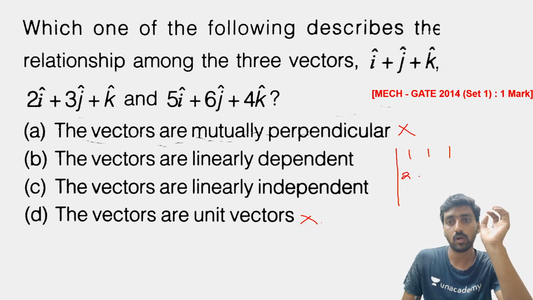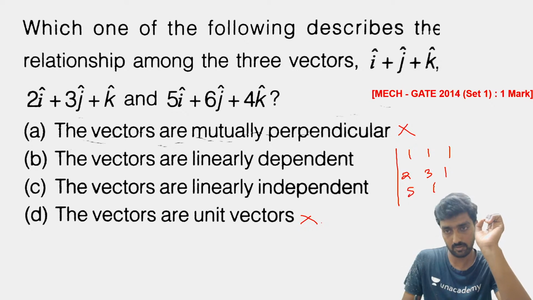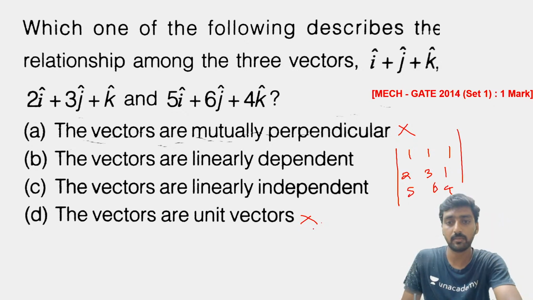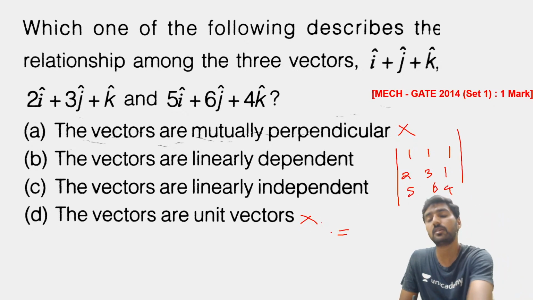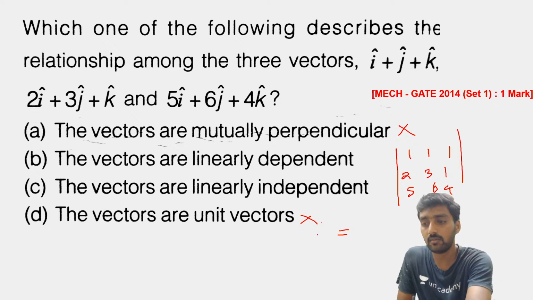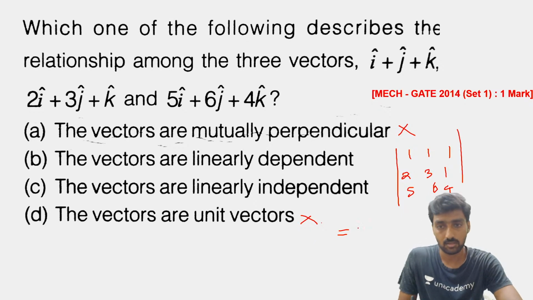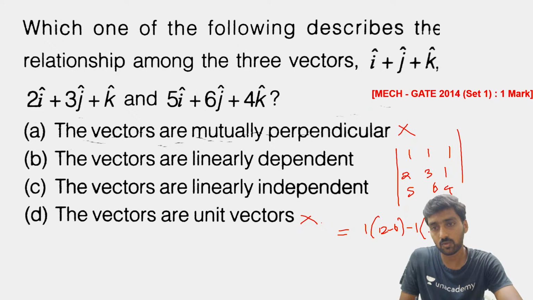Now, the rows 1 1 1, 2 3 1, 5 6 4. What will be the determinant? We will consider the terms one by one. 1 into (12 minus 6), minus 1 into (8 minus 5), plus 1 into (12 minus 15).